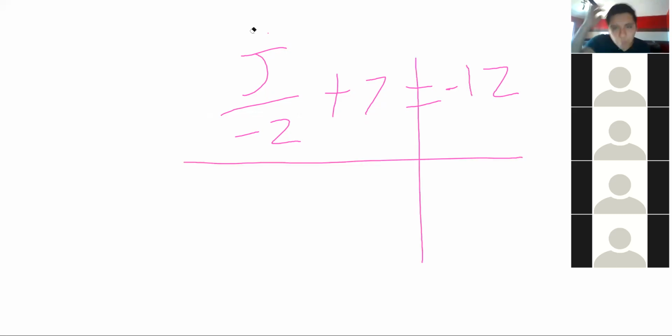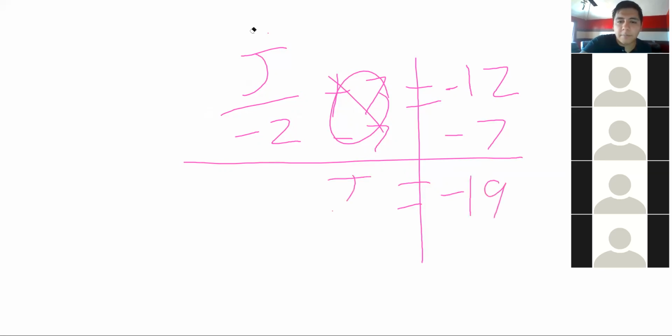So in this example, we're going to subtract 7 on both sides, right? So what's negative 12 minus 7? Negative 19. Yes. They're both negative, so it's like we're adding.